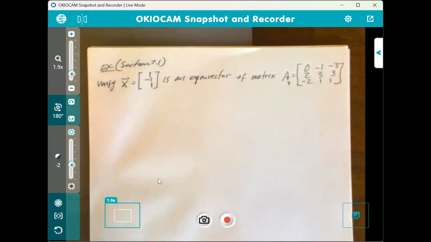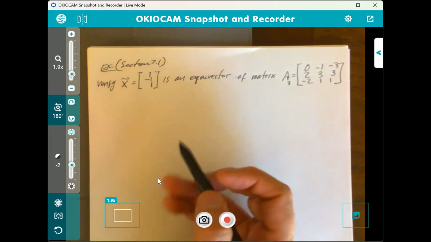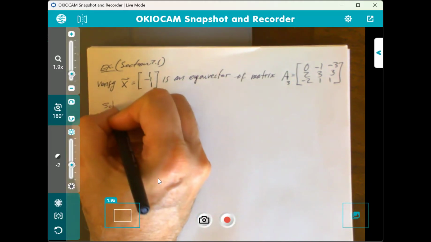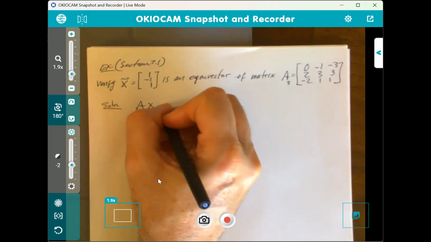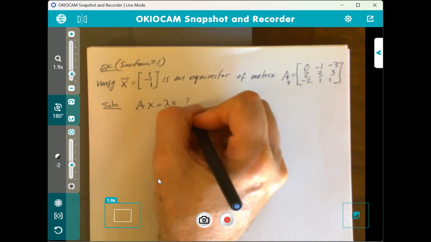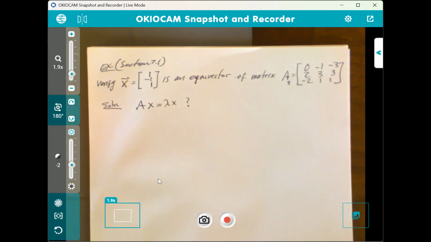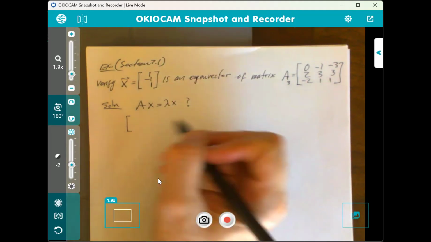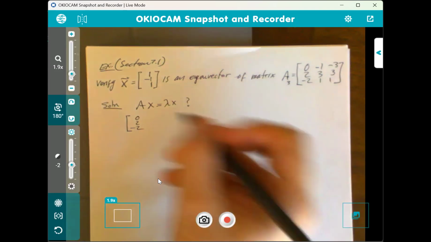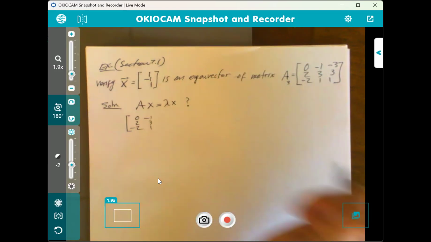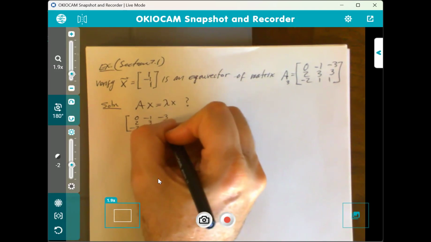Now to verify that this is an eigenvector, what we need to verify is this: does Ax equal lambda x? That's what we need to verify, right? So for this one, again, matrix A is the matrix 0, 2, -2, -1, 3, 1, and -3, 3, 1.